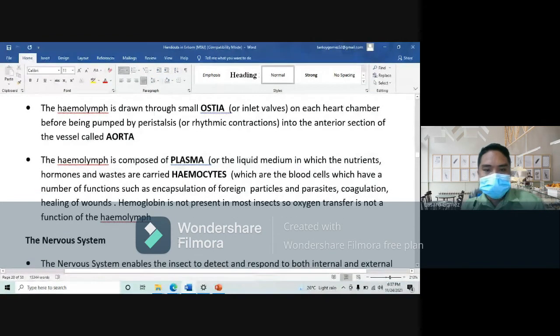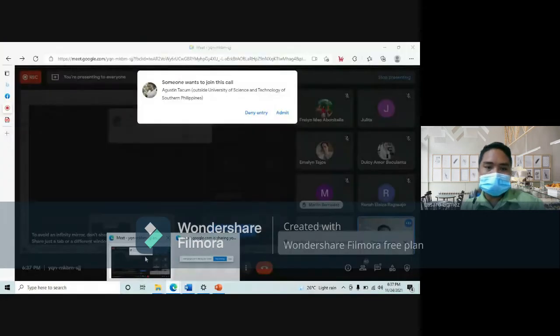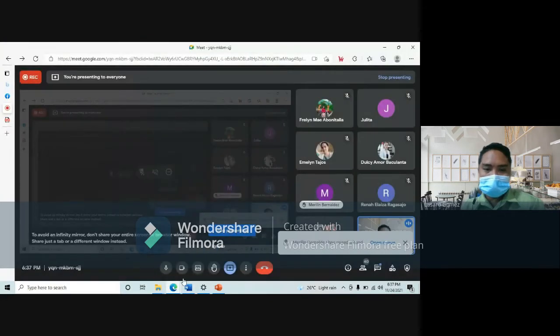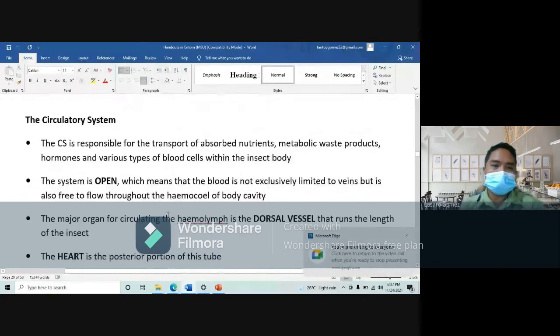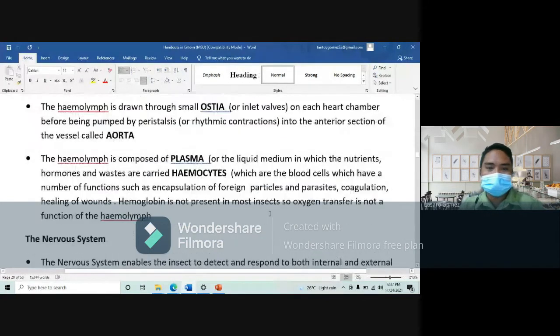Accordingly, hemoglobin is not present in most insects. There are also insects that have hemoglobin, but certainly oxygen transfer is not a function of the hemolymph. Okay, that's it. It's short, the topic about the circulatory system of an insect.